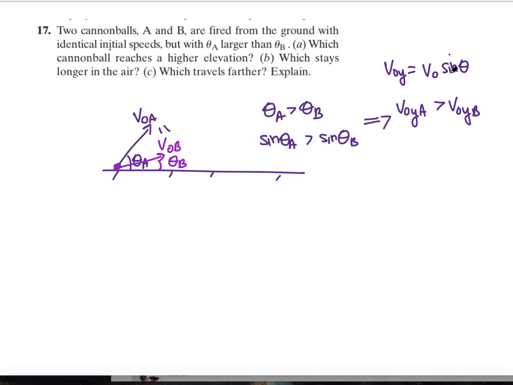So because sine of theta is bigger and V naught is the same, V naught y has to be bigger for A compared to B.